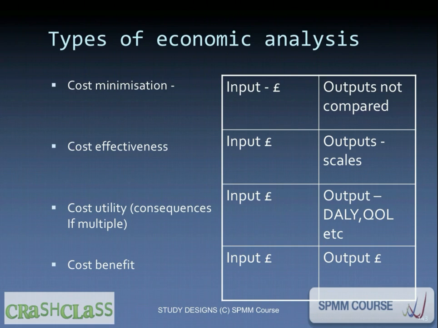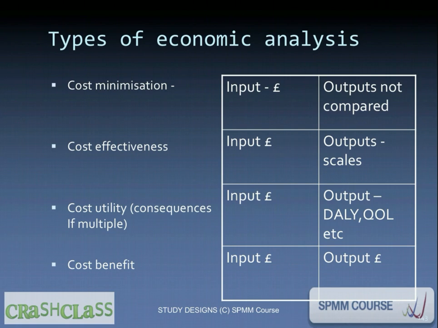You compare both inputs and outputs, but inputs are compared in terms of money and outputs are compared in terms of quality of life scales when it comes to cost utility analysis. And that's all what patients care about. They only care about quality of life. So DALY, disability adjusted life years, QALY, quality adjusted life years, QOL is quality of life. So these things are measured in cost utility analysis.